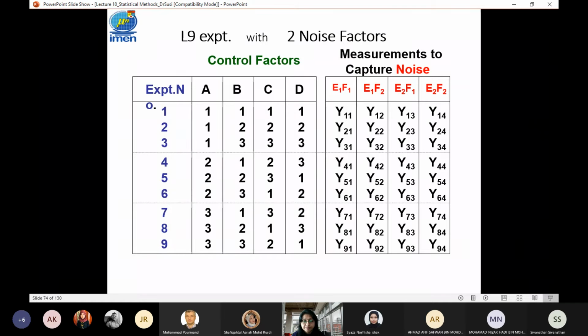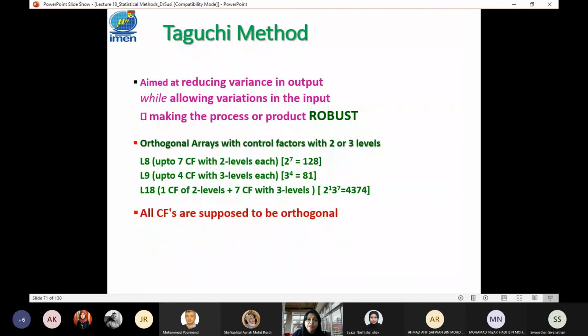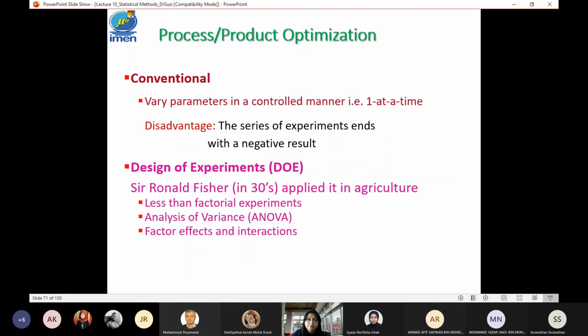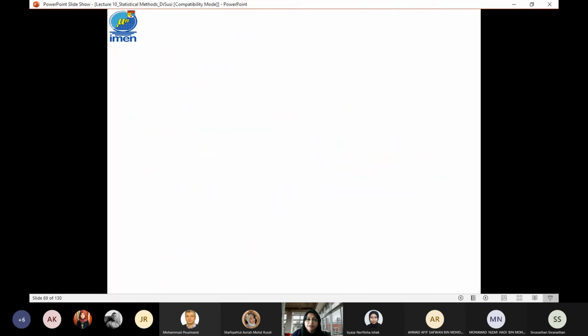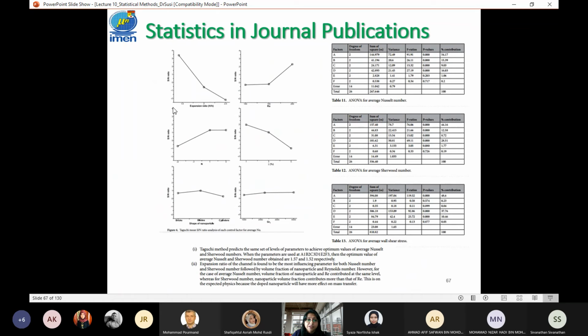Doctor, sorry to interrupt. Just want to check, A1, B1, C1, D1 is actually the lower spec value, is it? Correct. If you remember from the paper just now, the level. The level 3. Right, I got it, doctor. So this is the level. You choose 3 levels or 2 levels. It's referring to lower level, mid level, or higher level.